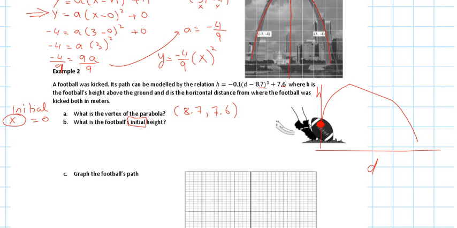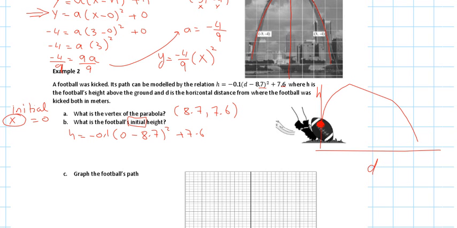So in this case, instead of x, I have a d. That means I'm looking at when d equals 0. So I'm looking at the height of the football when the distance is 0. Do we understand this?